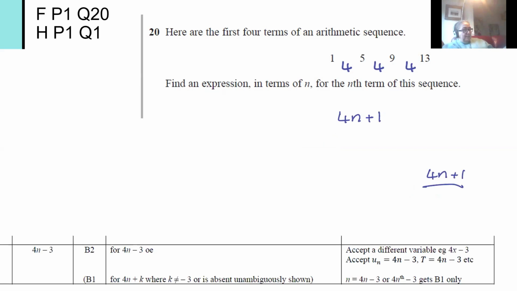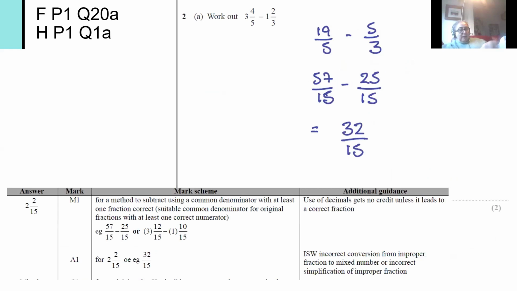The second one of this is that there's one unconditional mark available because they've put 4n plus something. I hope that makes sense. Let me give you an example of a fully correct answer.